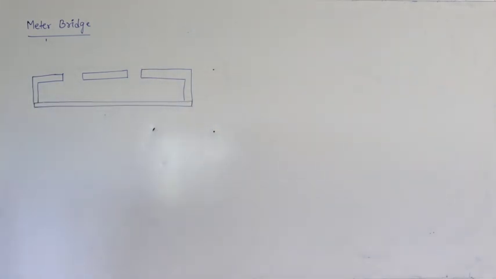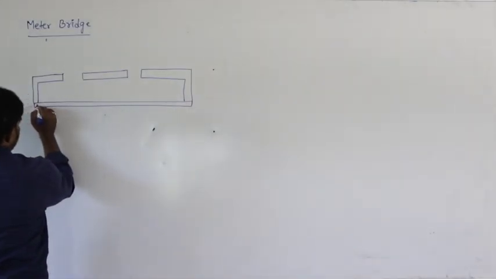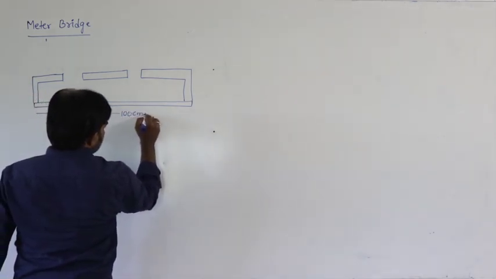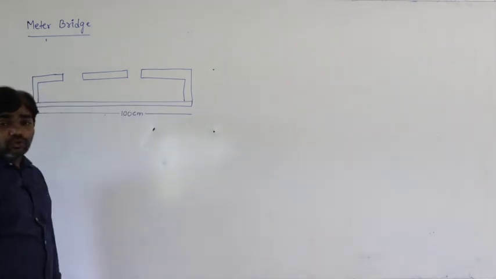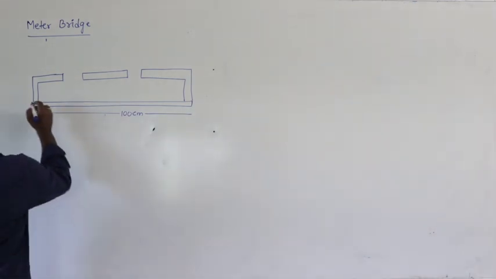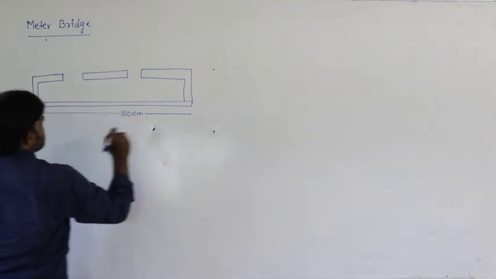This is the arrangement. Actually, the meter bridge consists of a uniform wire of length 100 centimeter or 1 meter, and let us say it is the terminal A and it is the terminal B.